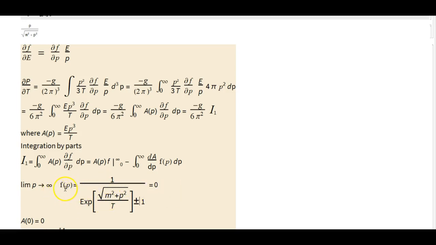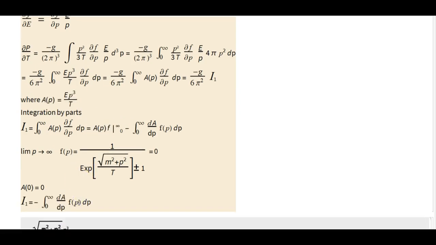So the limit p tends to infinity of f(p) is 0. Therefore, at infinity, this term is 0, and then at 0, notice that A(p) is 0. When p is 0, A(p) is 0. So the first term vanishes, and this integral I1 becomes this.